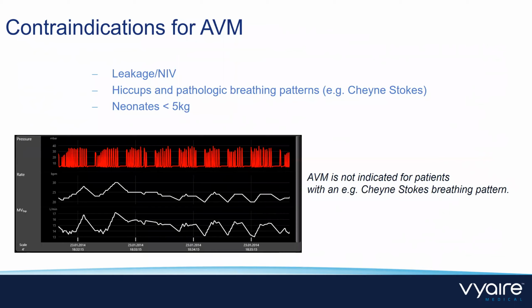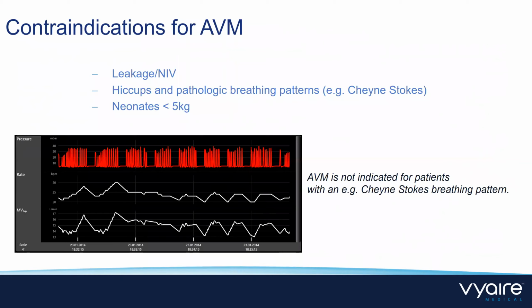And when the expiratory time constant is not determined, the AVM mode is struggling because it relies very much on the expiratory time constant. So if there is lots of leakage or there is leakage coming from a drainage, there may be other ventilation modes which are better in this situation.